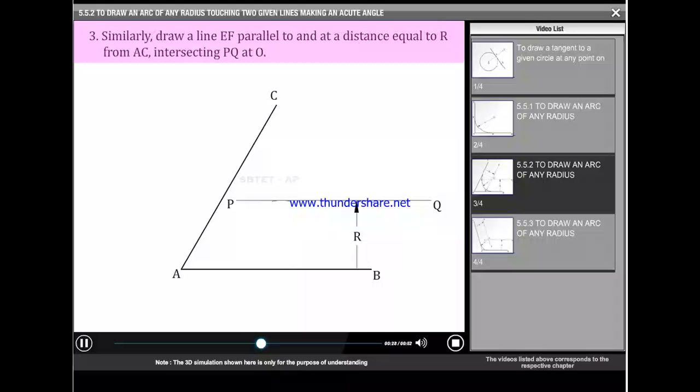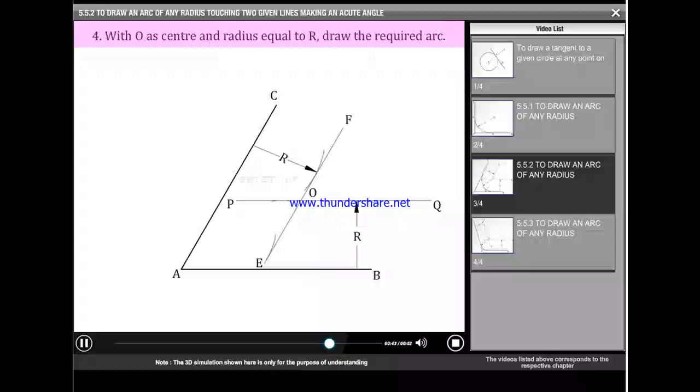Similarly, draw a line EF parallel to and at a distance equal to R from AC, intersecting PQ at O. With O as center and radius equal to R, draw the required arc.